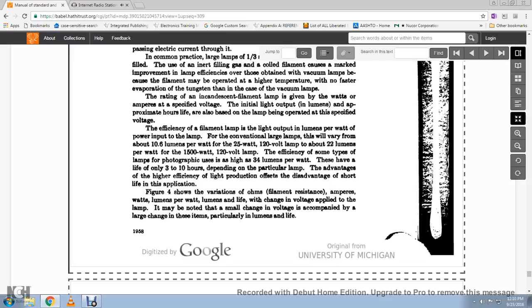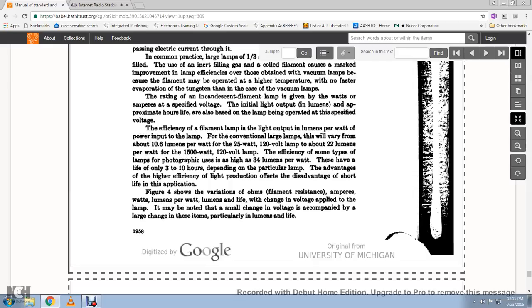For conventional large lamps, this will vary from 10.6 lumens per watt for a 25 watt, 120 volt lamp to 20 lumens per watt for a 1500 watt, 120 volt lamp. The efficiency of some types of lamps used photographically is as high as 34 lumens per watt, but they have a life of only 3 to 10 hours depending on the particular lamp. The advantage of the higher efficiency of light production offsets the disadvantage of the short life in that application.